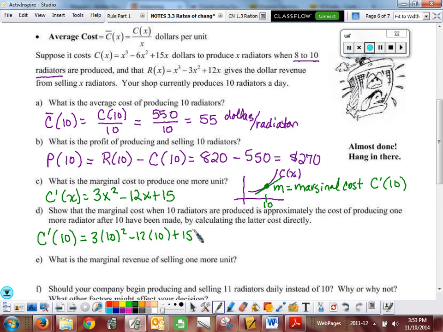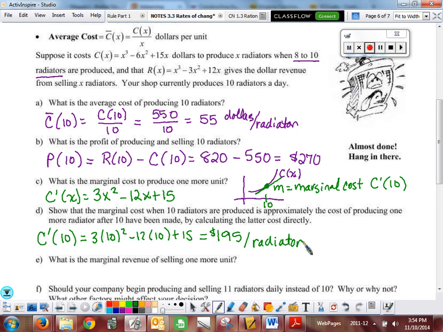I didn't do my calculations before I started the video, so we have 300 minus 120, which is 180. And 180 plus 15 equals $195. So that's $195 per radiator. If the trend continues, that's an estimate of what my marginal cost would be. We don't really know what's going to happen in the future, but we feel it would cost us about $195 per radiator.